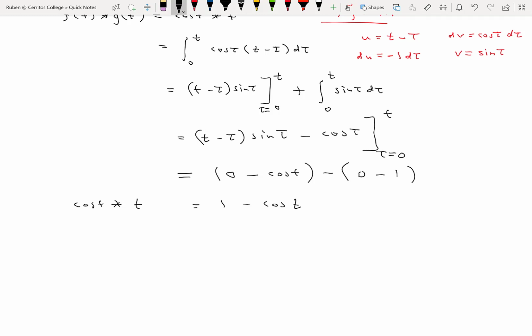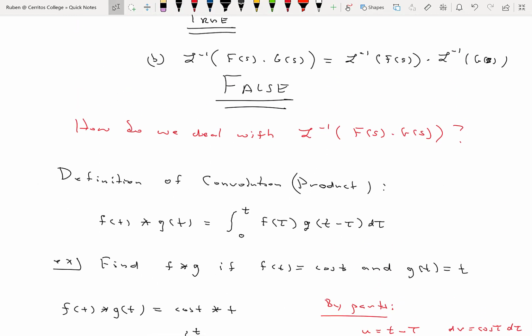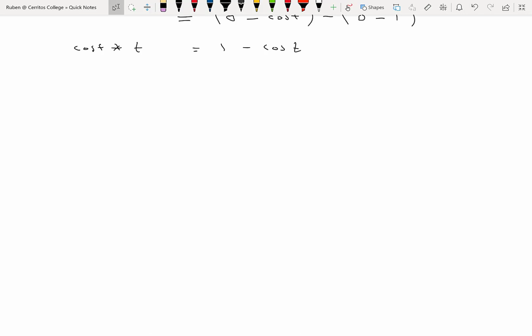This convolution is going to allow us to go back to the red question, and answer the question, how do we deal with the inverse Laplace transform of just the regular product of two functions of s? Now I'm going to derive the result, and I'm not going to ask you to derive it on your final exam or on your test for spring 2020.